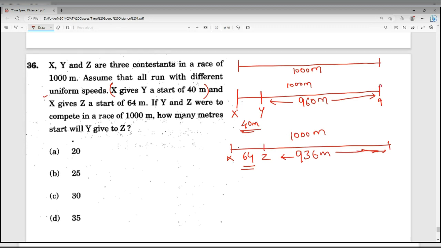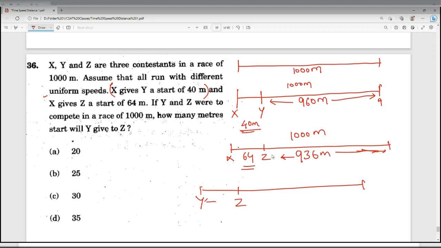So what they're asking is, if Y and Z are to compete in a race of 1000 meters, how many meters start will Y give to Z? If Y starts here, we have to calculate this point.